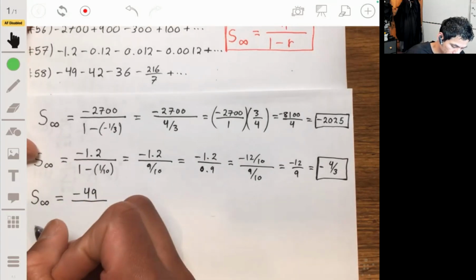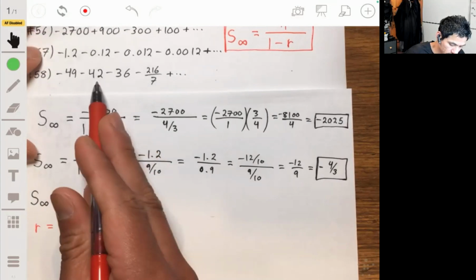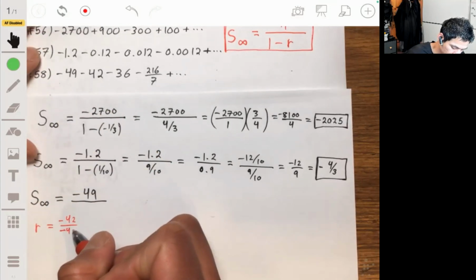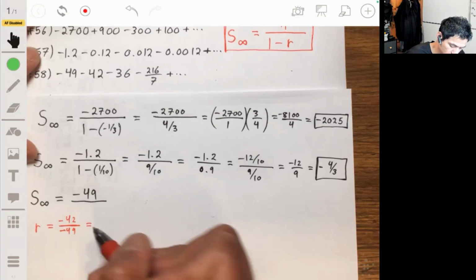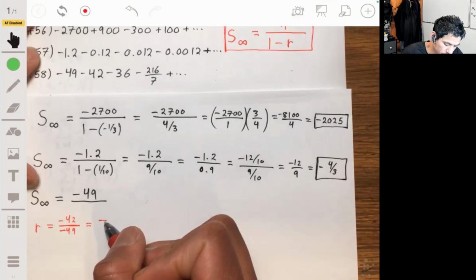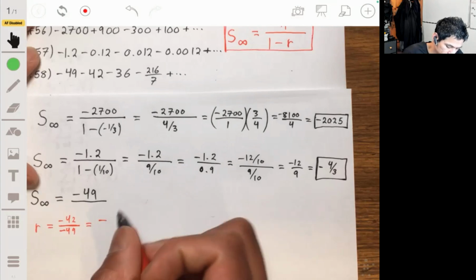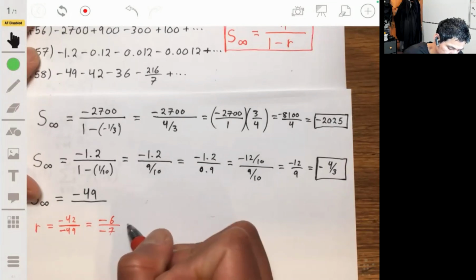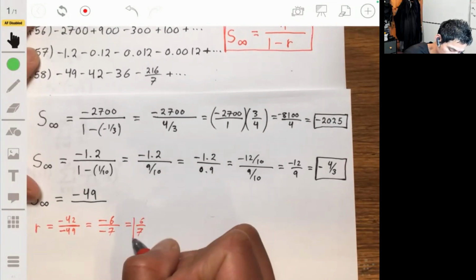R is negative 42 over negative 49. Dividing them both by 7, we'll get negative 6 over negative 7, or 6/7.